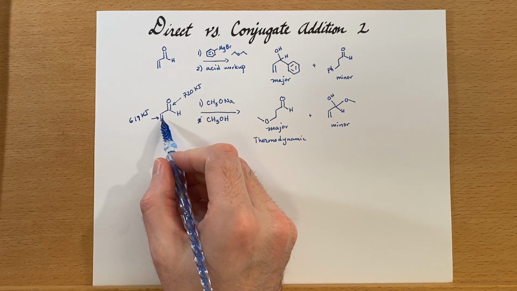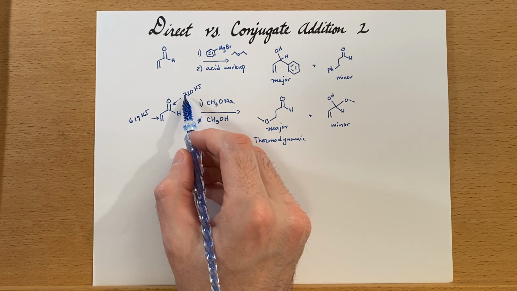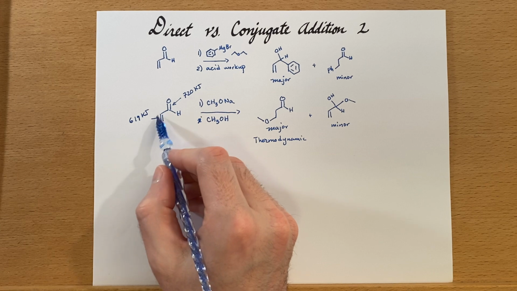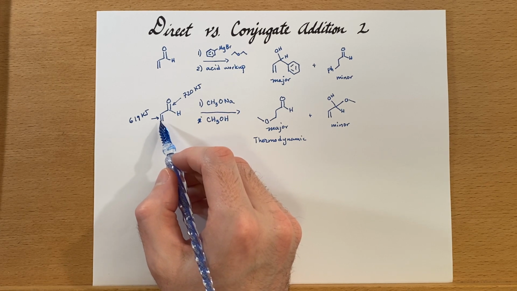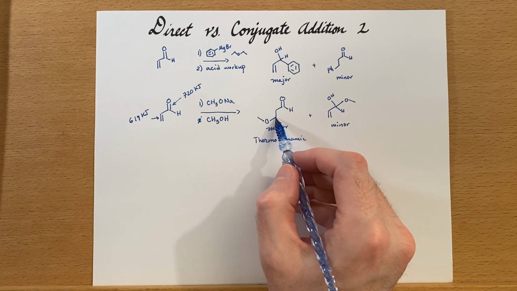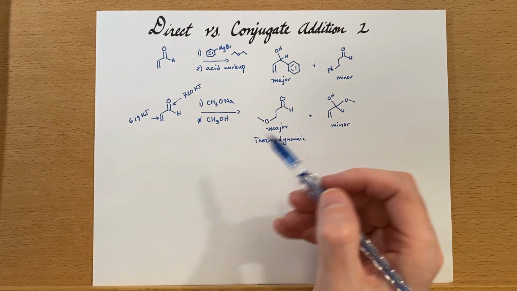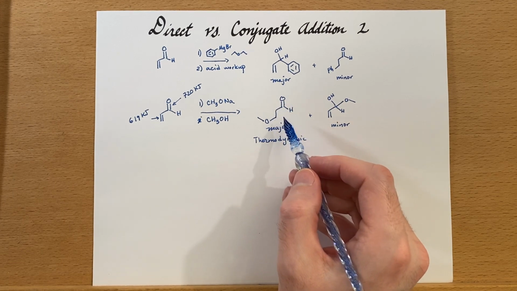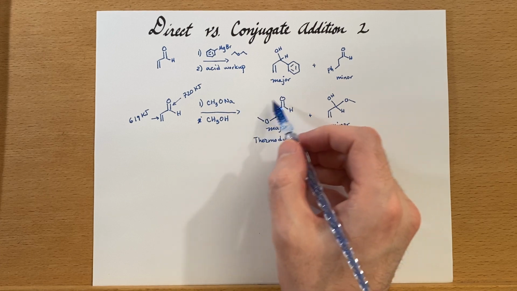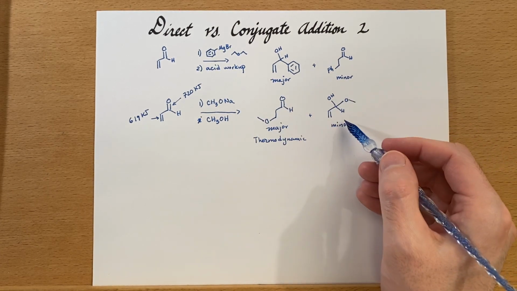So if I break this bond, it's a lot easier than breaking that bond. So this one is the weaker bond, so it's easier to break that one. That one ends up being the thermodynamic product just because it's easier to break. This one's the stronger bond, so this will be lower in energy than this one will.